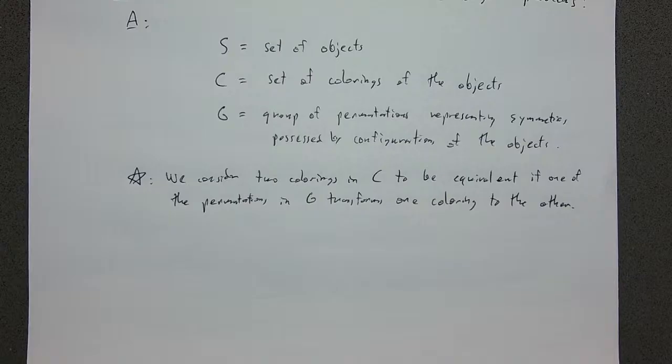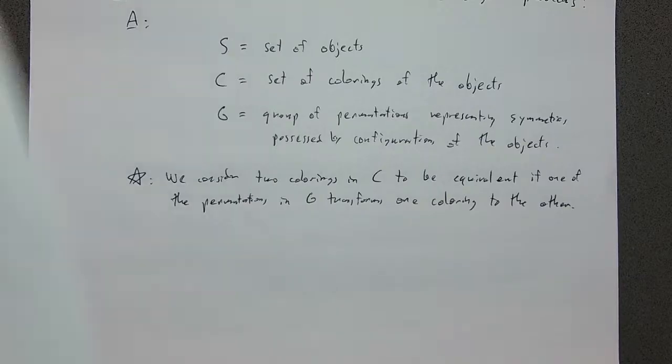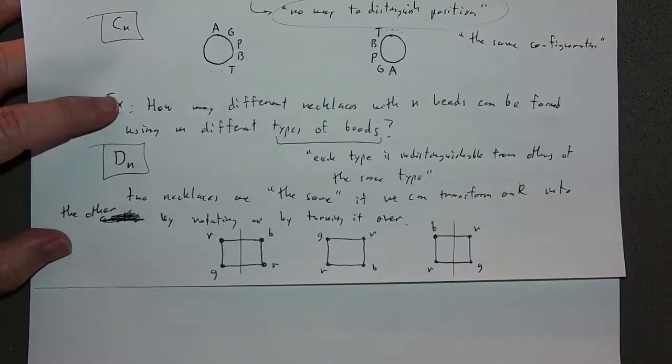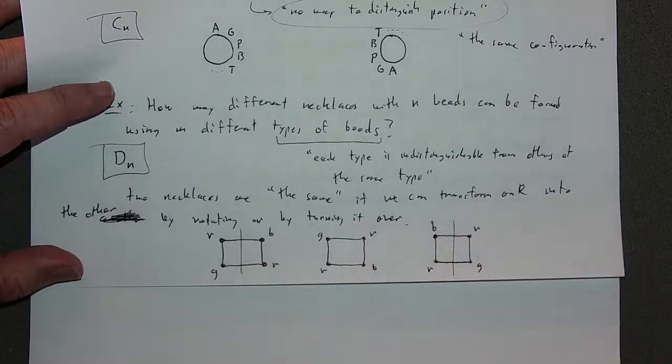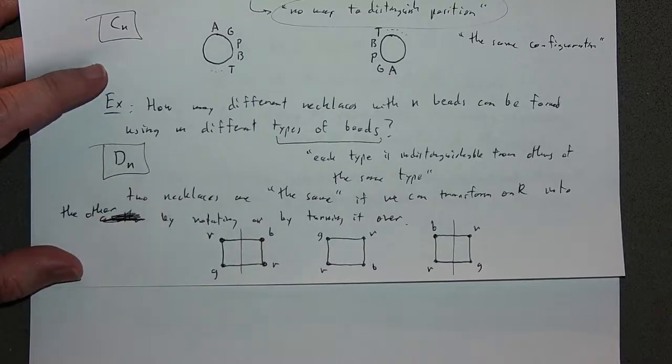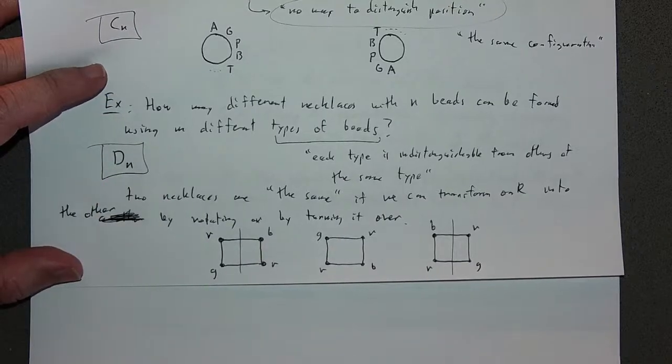So, for instance, going back to our original problems, equivalent colorings would be ones that are taken into each other by one of these symmetries. Okay?